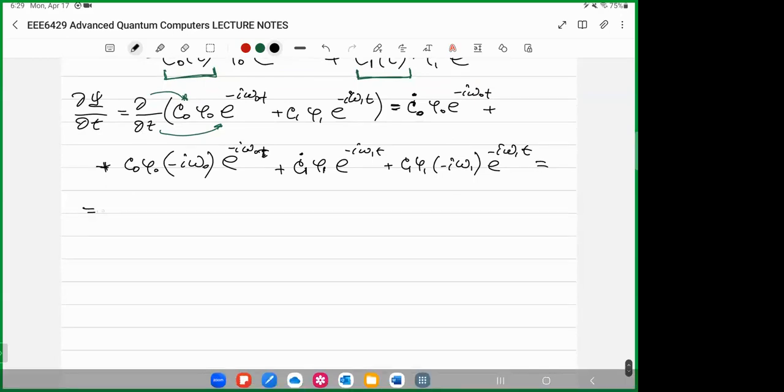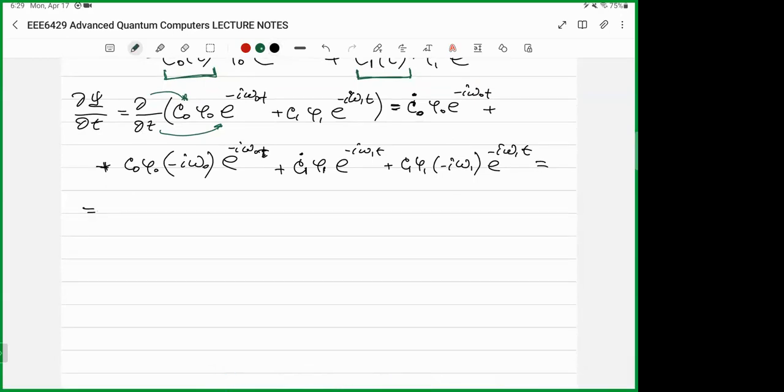Okay, so now I can group these terms, this one and this one and these two, by factorizing the spatial part and the harmonic term part in each term.